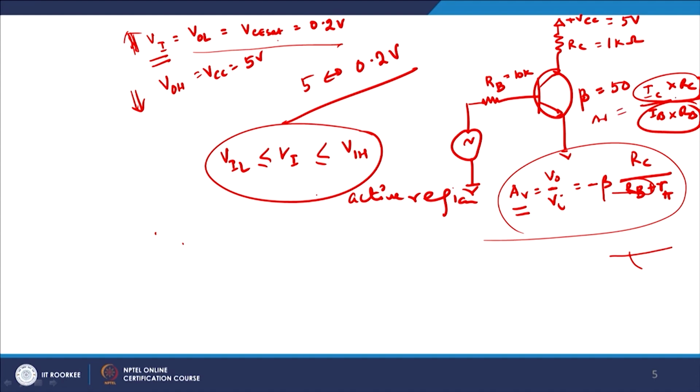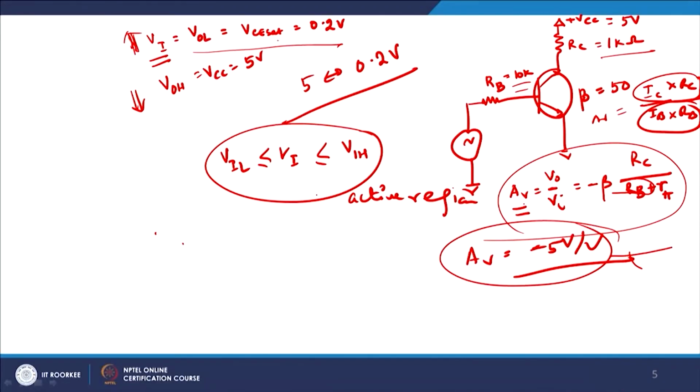With this concept, if you put the value of RC as 1 kilo ohm, RB as 10 kilo ohm, and beta equal to 50, I get AV approximately equal to minus 5 volts per volt. It is negative because the output is always 180 degrees phase shifted with respect to input. So, within the active region I get AV equal to this much.